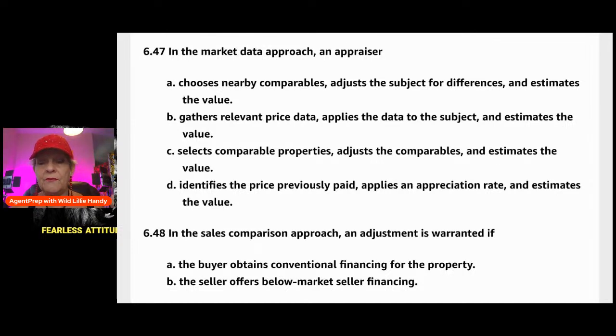So we leave the subject property alone and we adjust, like let's say you add a bathroom or you add a pool or you deduct the pool or deduct a bathroom depending on what the subject property has. So the adjustments are made to the comparable.